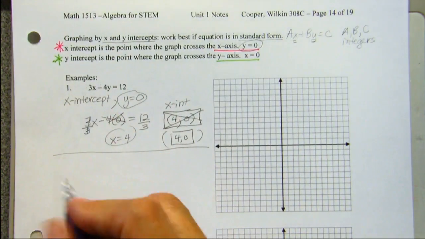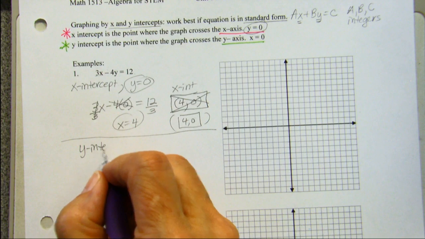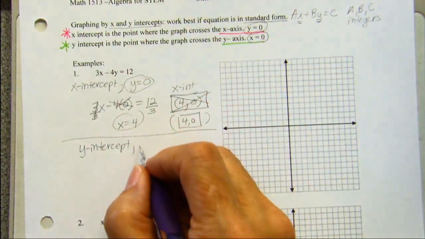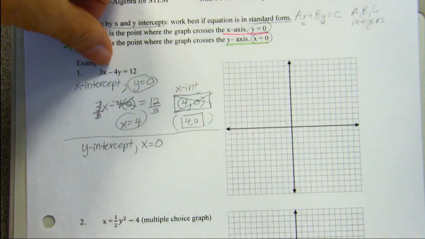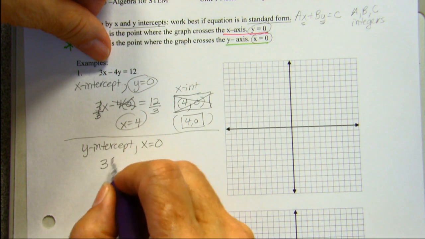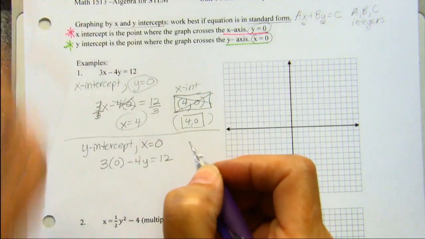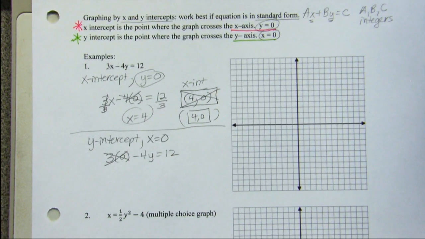Now we need to find the y-intercept. So I'm going to let x equal 0. And I'm going to go back to the original equation. 3 times 0 minus 4y equals 12. 3 times 0 is gone.